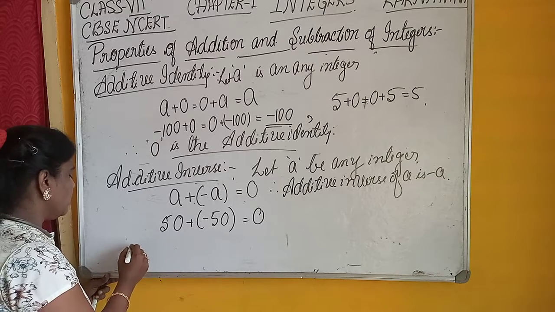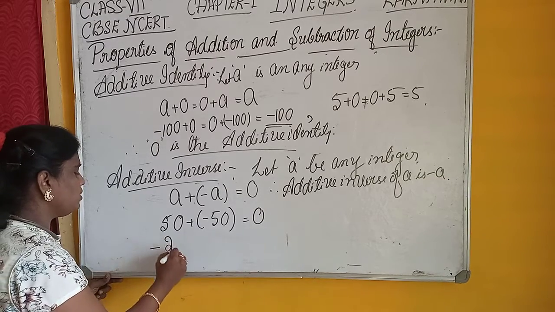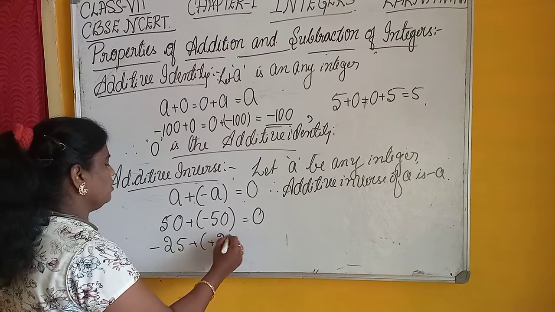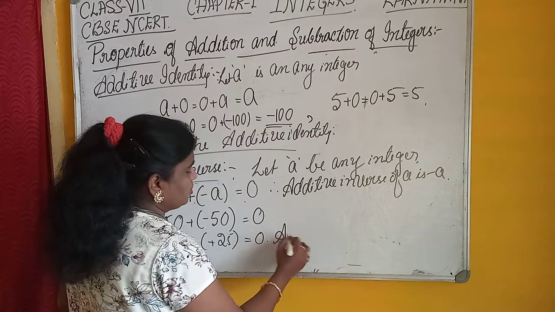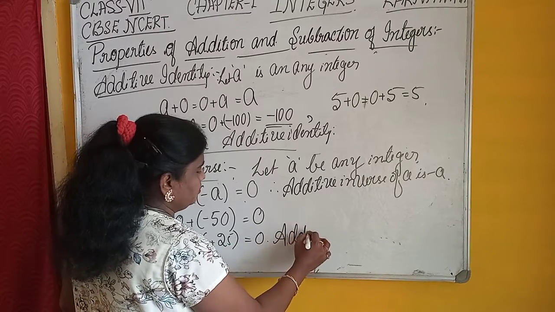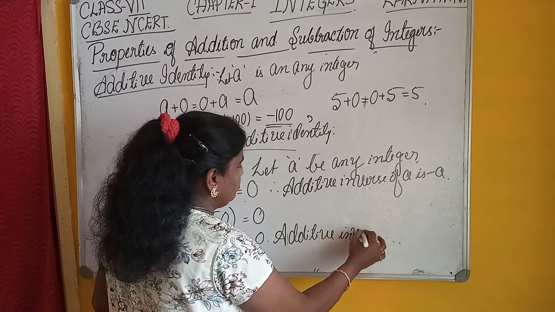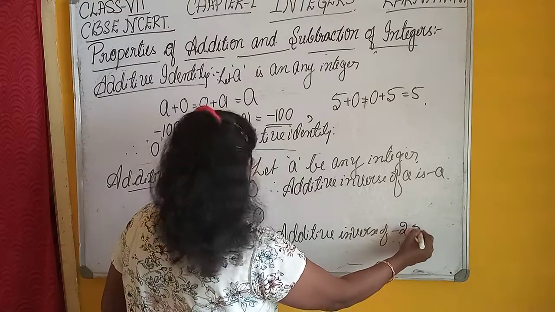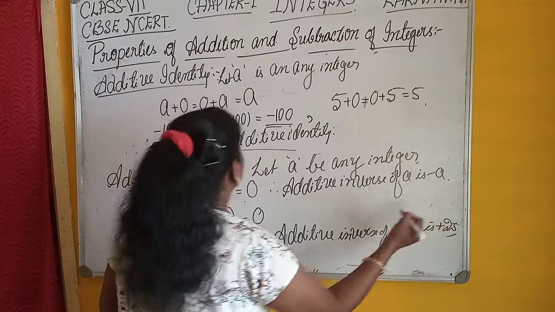In other words, the additive inverse of minus 25 is plus 25.